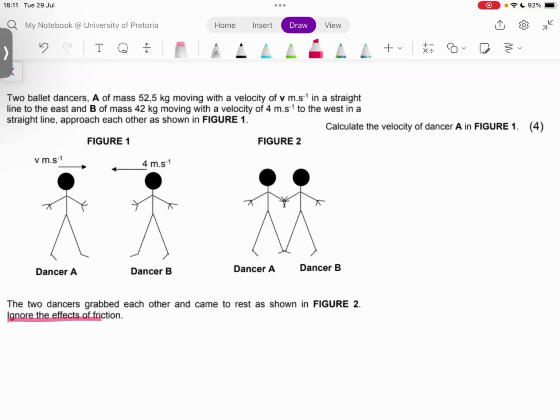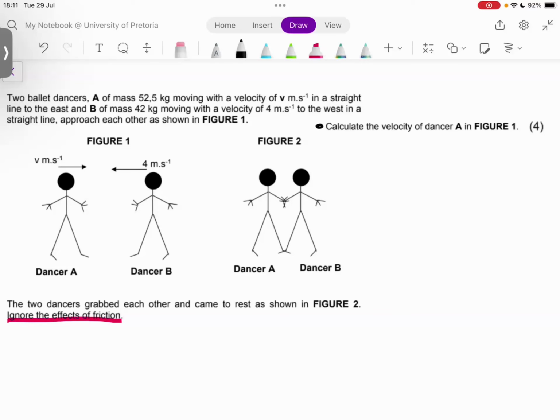This means that we are dealing with a system that is isolated. There is no loss of energy in this case. So where there is no loss of energy, we have to remember the principle of linear momentum. Cool. So let's get to answering this question over here.